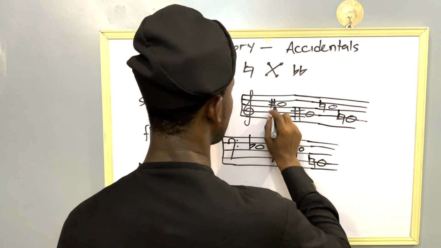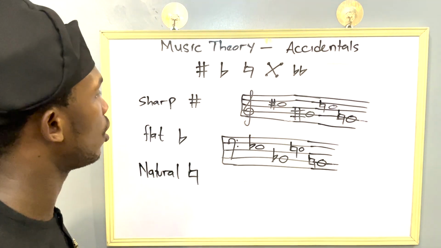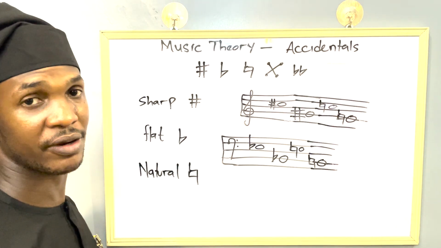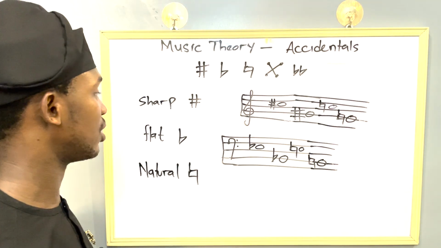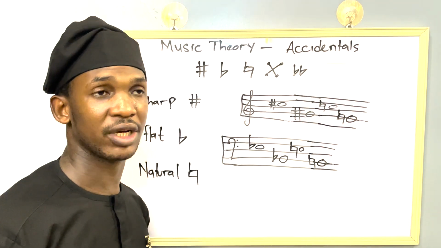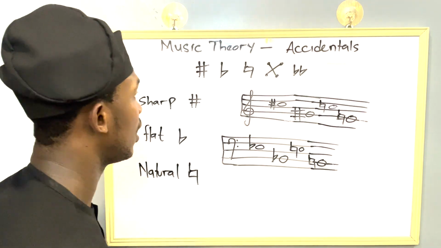So from C sharp, you go back to C note. Okay, so that is the way to use the natural sign. All right, so accidentals also are used for key signatures. When we get to that point, we are going to discuss that.